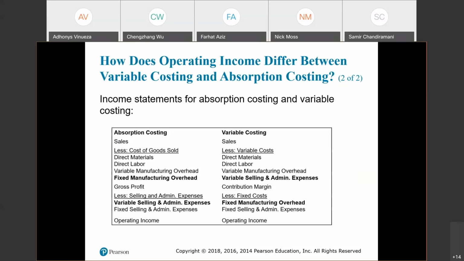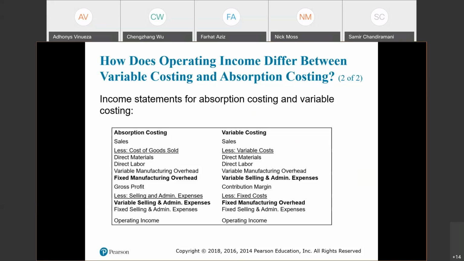We get the gross profit, and we use gross profit less selling and administrative expenses. And this part includes variable selling and administrative expenses plus fixed selling and administrative expenses. We get the operating income.